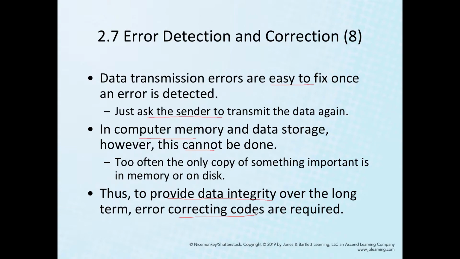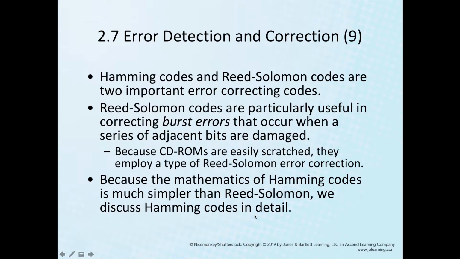At least error detection is very important within a computing system. To do error detection and correction, there are many theories, and one of the most popular ones are Hamming codes and the Reed-Solomon codes. The Reed-Solomon codes are particularly useful in correcting burst errors like on a CD-ROM.